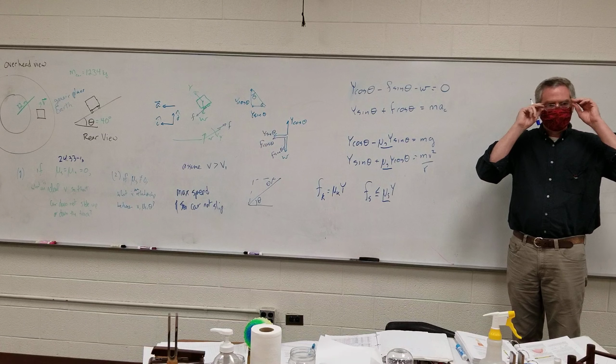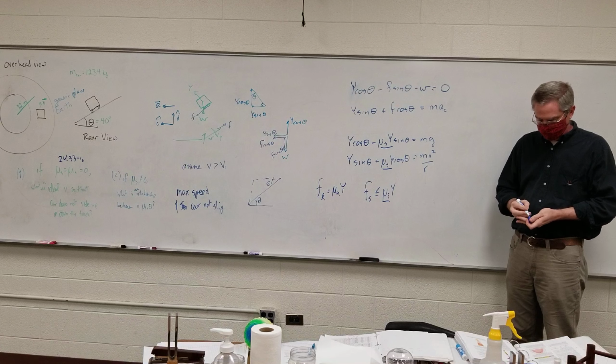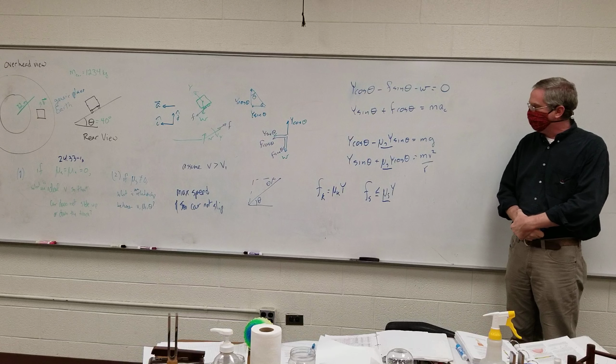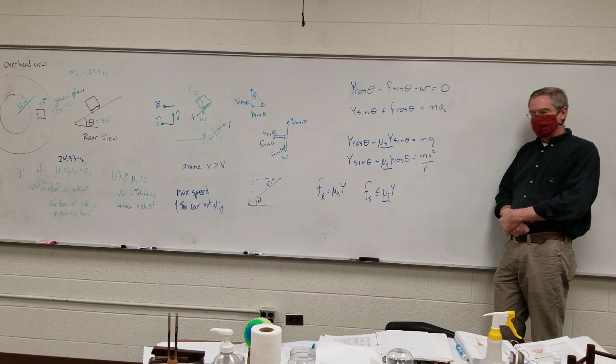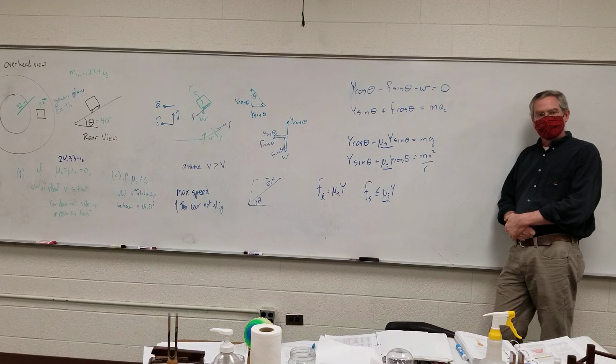I do have a question about that, though. When we're calculating static friction, I know in the equation it shows that when it's above static friction, we'll use kinetic friction. But is that only true, if we were to solve, we're about to solve for v, aren't we?